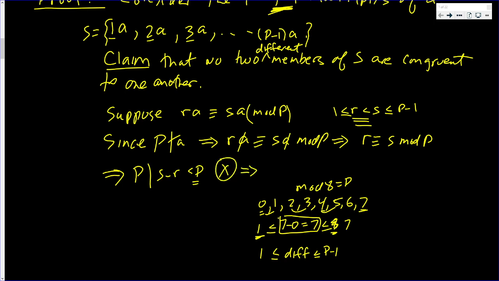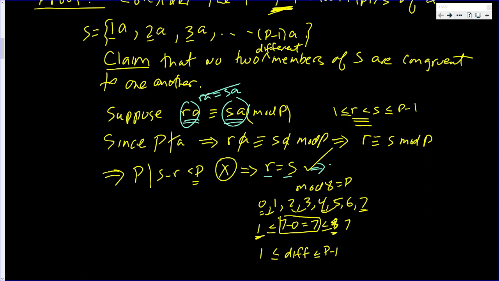That implies that R is equal to S, which means that these two that we claimed were different were in fact the same. That is, they're not different. If R and S are the same, we're taking the same multiples of A. That is, RA is equal to SA. No mods, no anything. They're straight up equal.